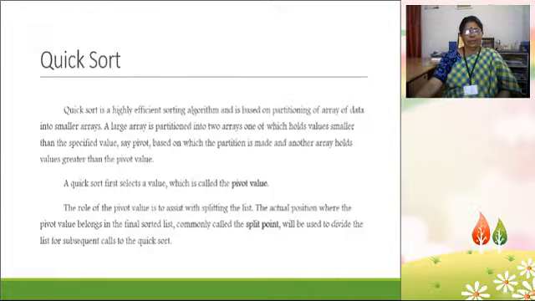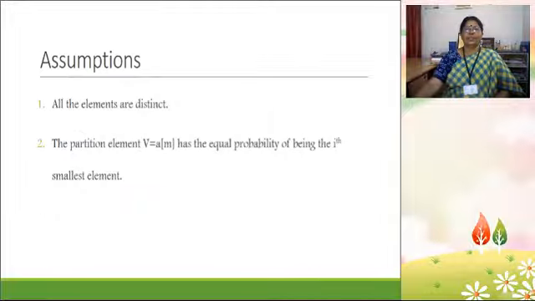So how do we find the partition element? This quicksort is based on two assumptions. All the elements are distinct. We assume all the elements in the given array are distinct, and the partition element, say V equal to A of M, has an equal probability of being the ith smallest element.